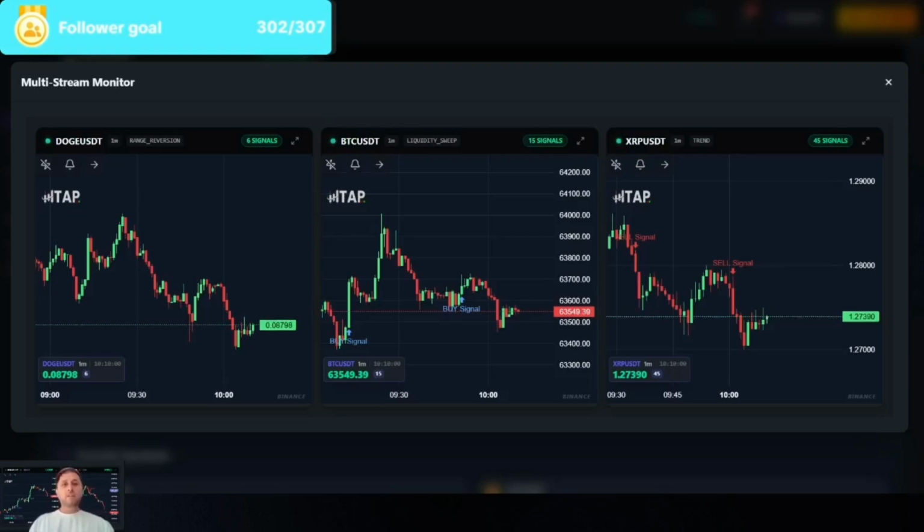I think the setup is okay, and we can lock this setup and wait for signals.